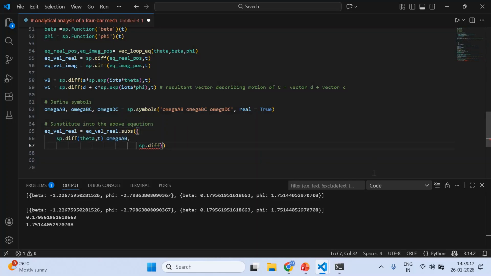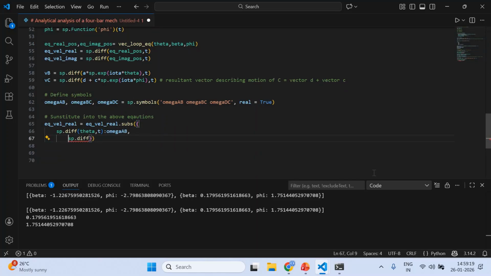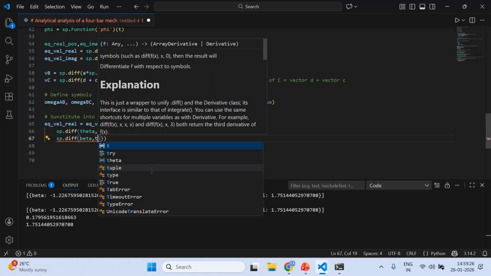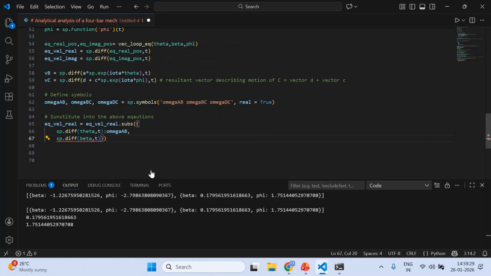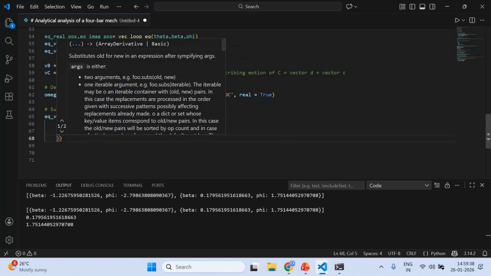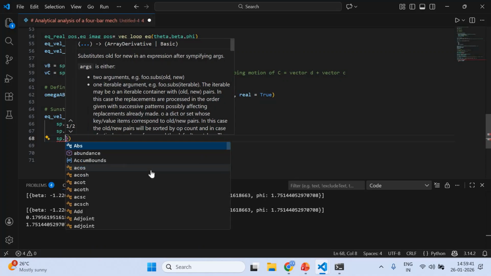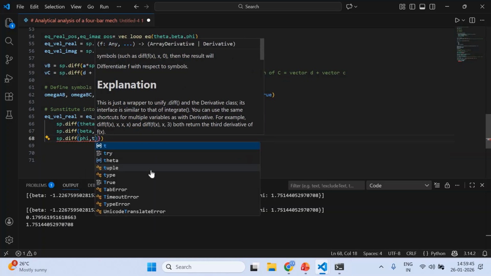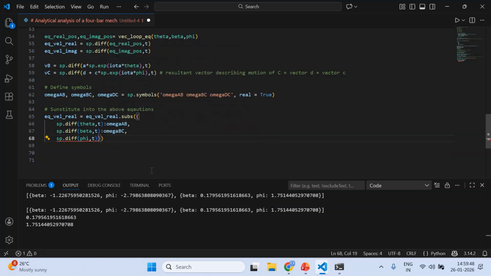So this is sp dot diff, then we have beta comma t, and now this will be replaced by omega BC, then again comma, then we have sp dot diff phi comma t. So this part will be replaced by omega DC.